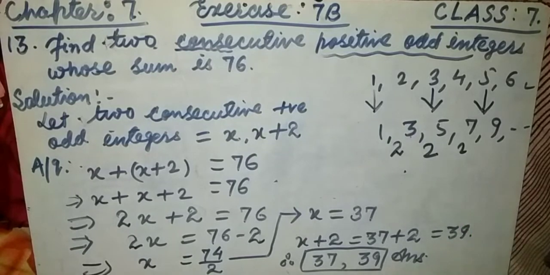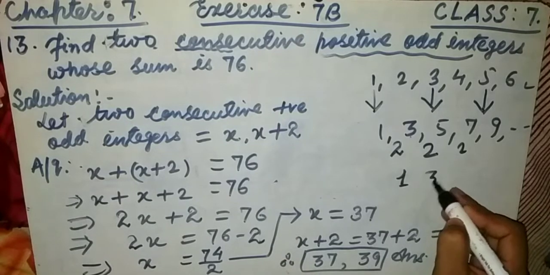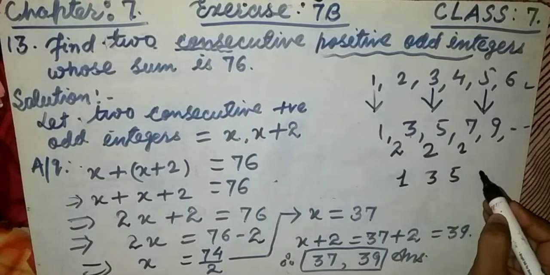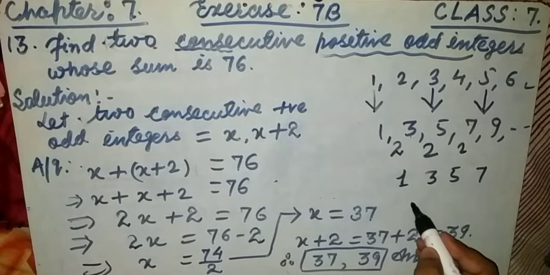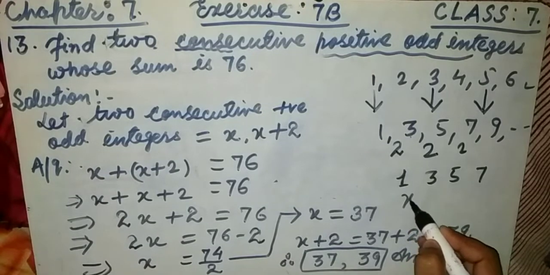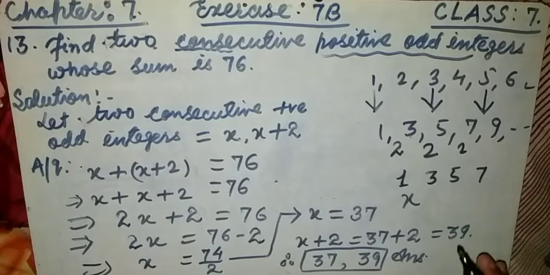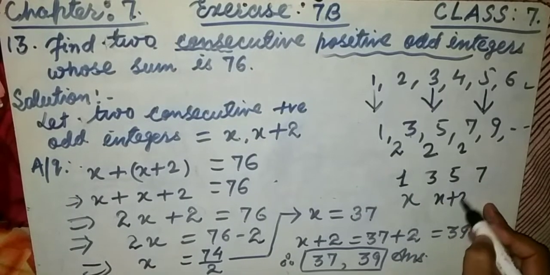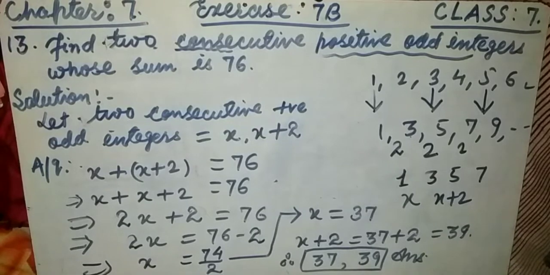Suppose the first odd integer is x, then the next consecutive integer is x plus 2, because 2 is added to every previous odd integer to get the next consecutive integer.